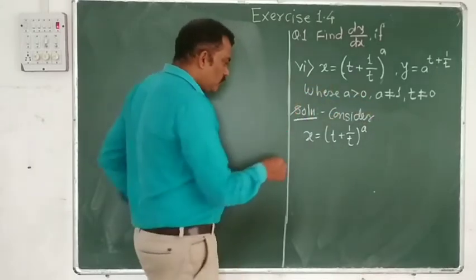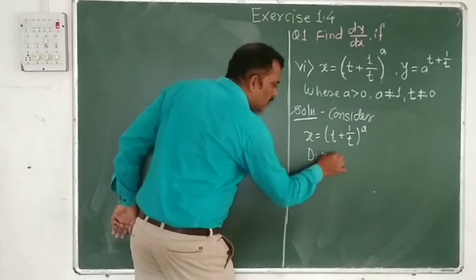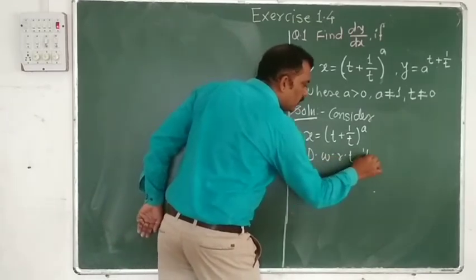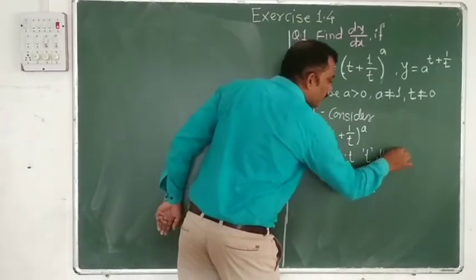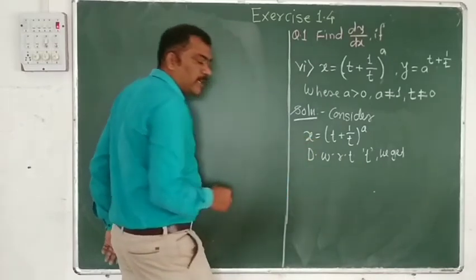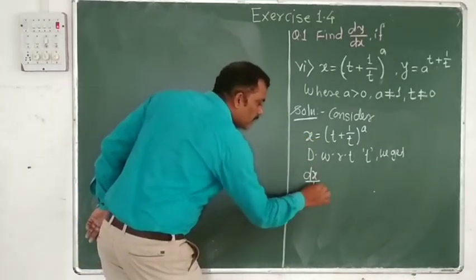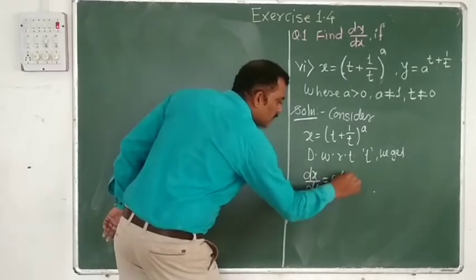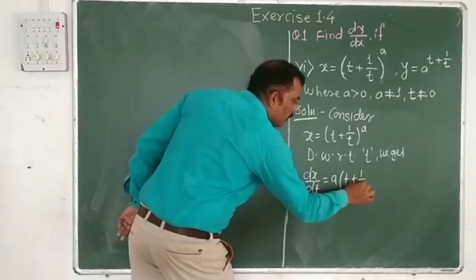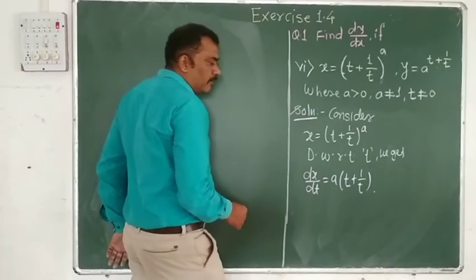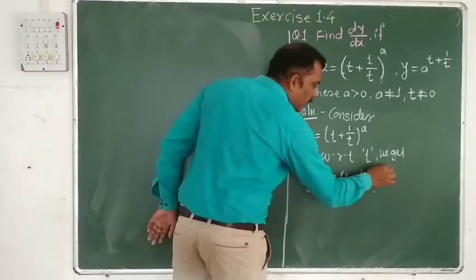Okay, so we differentiate with respect to t. Differentiation of x with respect to t is dx by dt. Take the power as it is, into (t plus 1 upon t) raised to a minus 1.